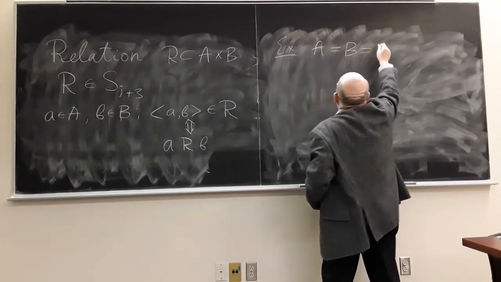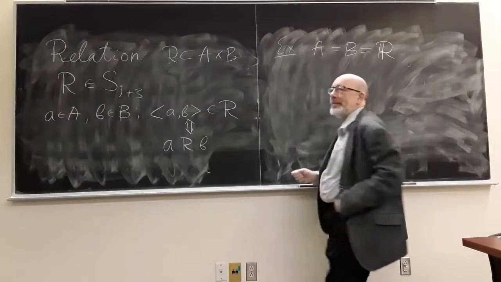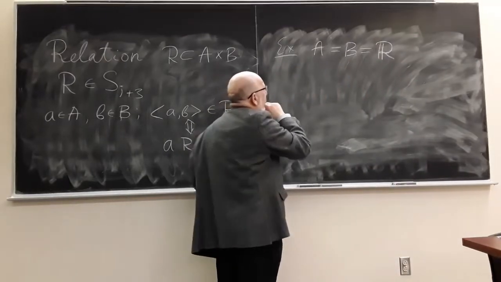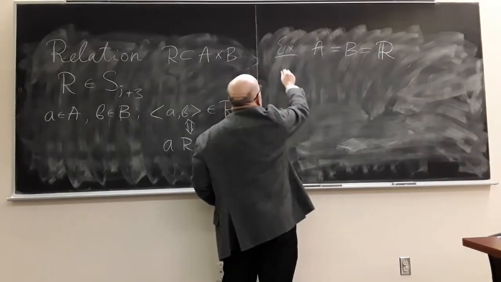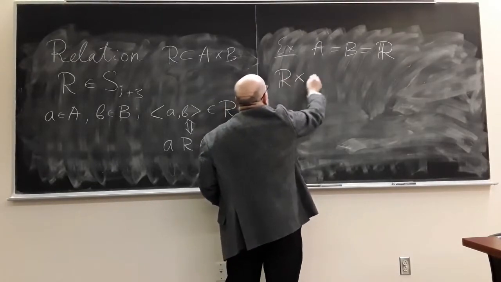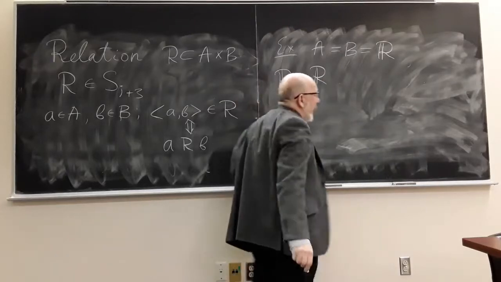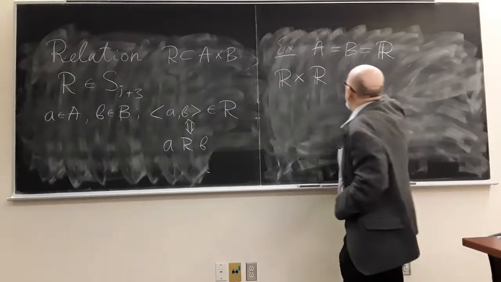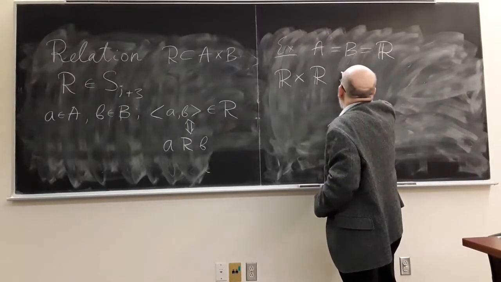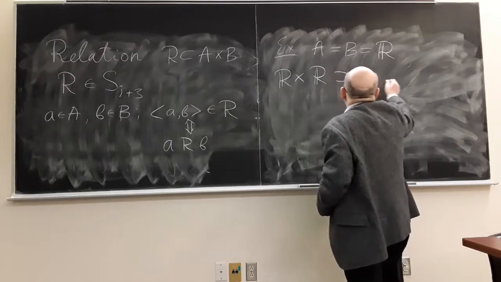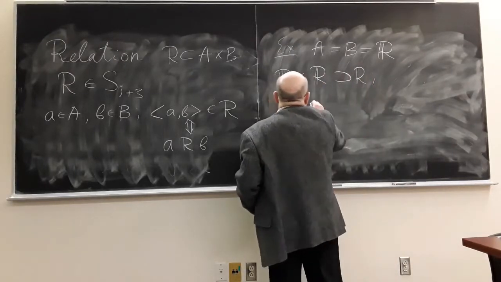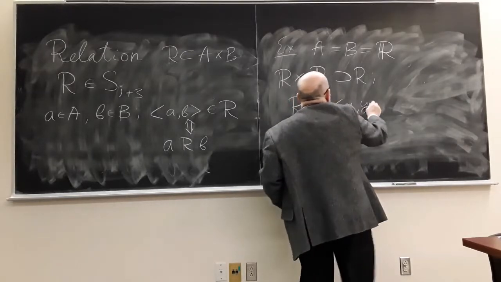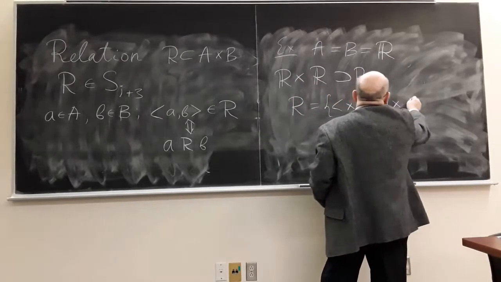A equals B equals R. Yeah? So consider R times R, and in this set we consider like this, say (x, y) such that x less than y.